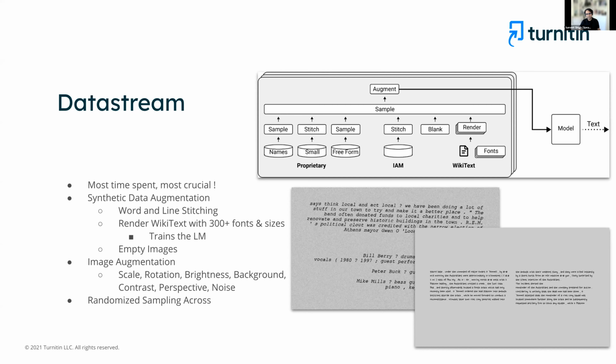For example, the size of the image, or where the text is placed inside the image. In the case of synthetic data that we created, the font and the font size. All these different dimensions were randomly sampled so that it was a uniform distribution on the training side.